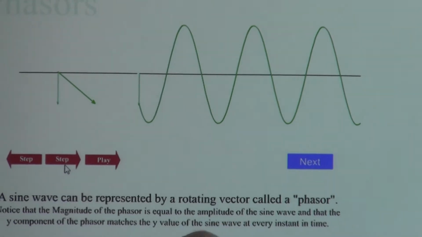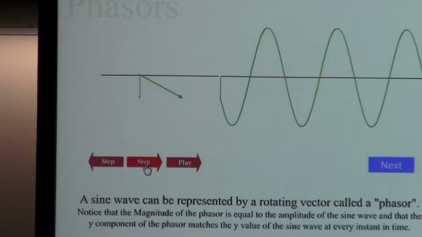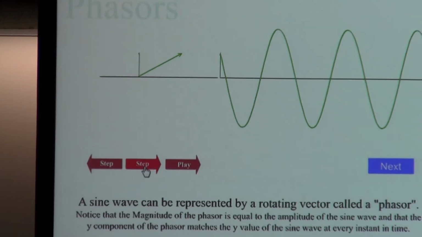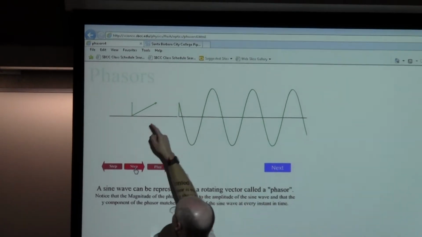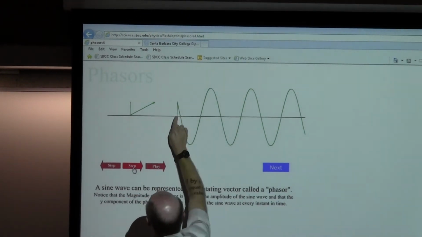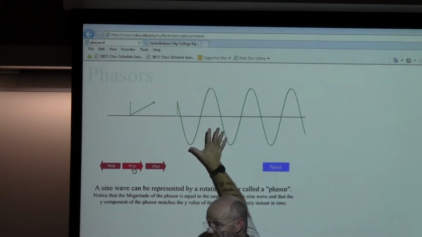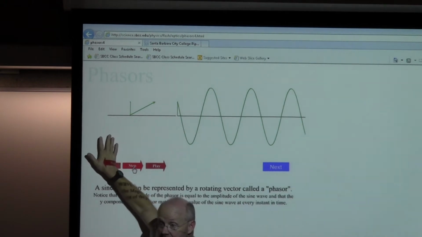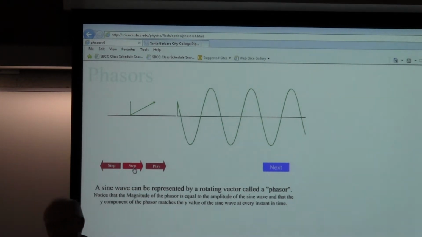So my question for you as we get started here with phasors is, as this stick spins, do you see how if you take the vertical height, that's this, put it over here and put it on a conveyor belt, do you see how the vertical height projected onto here is the same as a spinning stick over here? And if you get that mental picture in your mind, phasors actually become extremely easy.